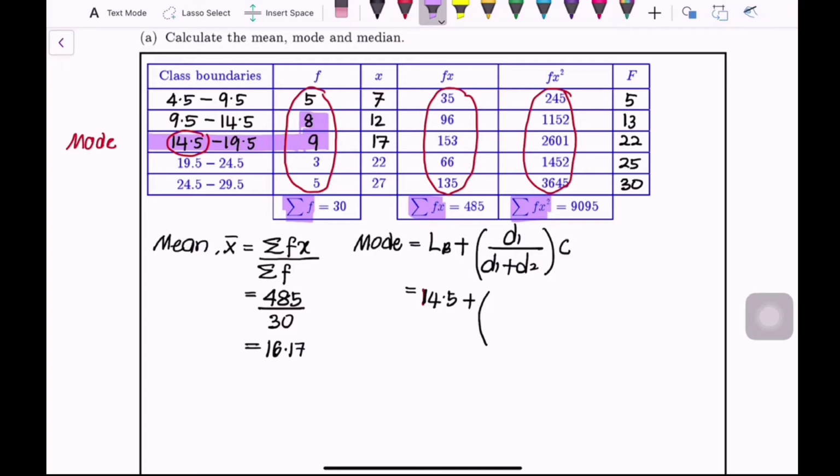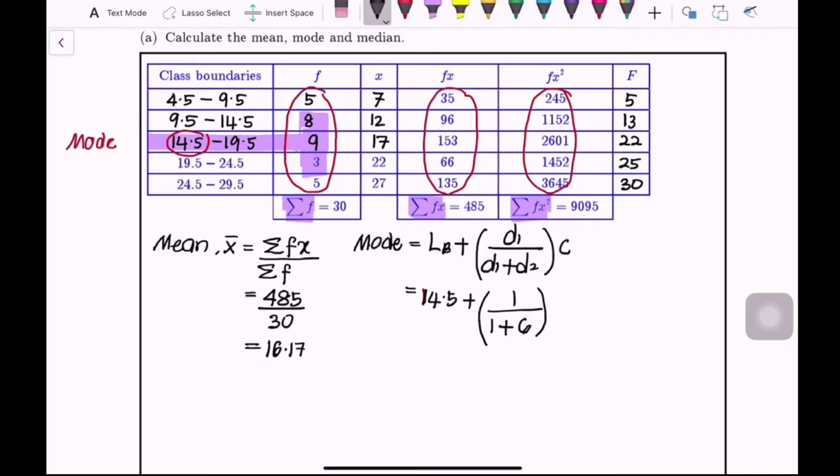So the difference is 9 minus 8, equal to 1, over 1 plus D2. D2 is the difference between the modal class 9 and the next class. So 9 minus 3 is equal to 6, and C is the class width.